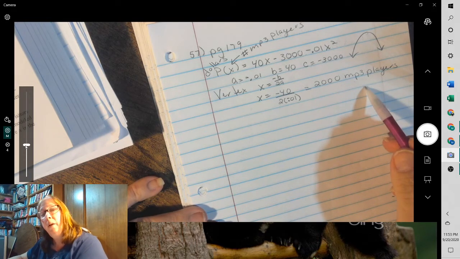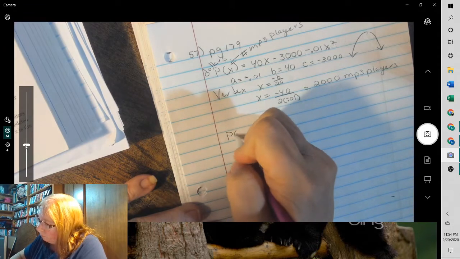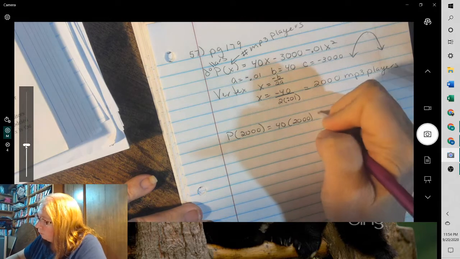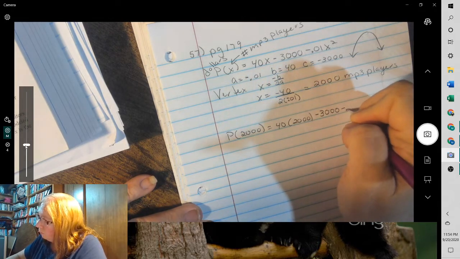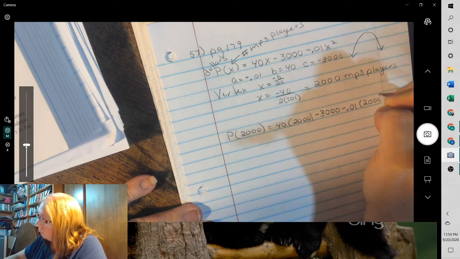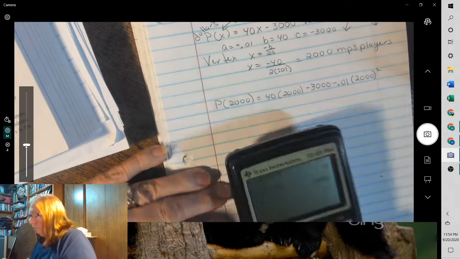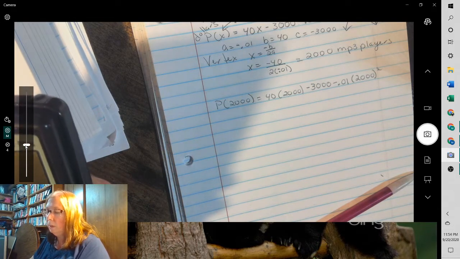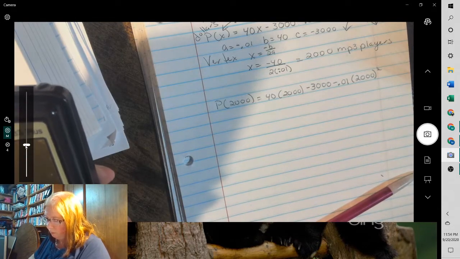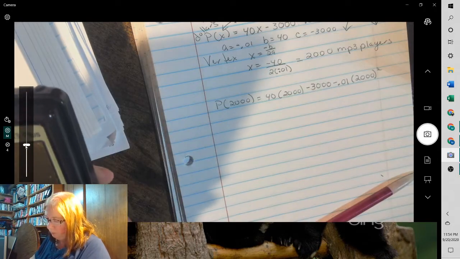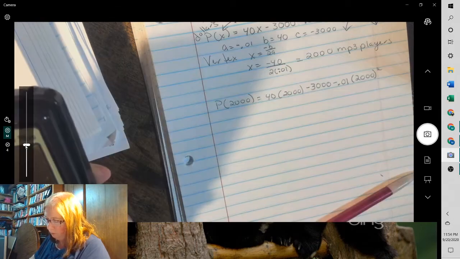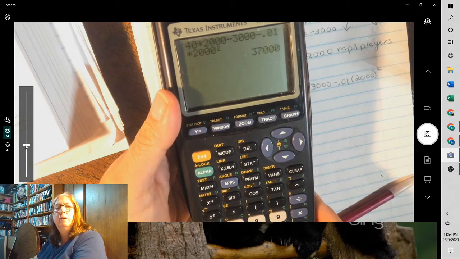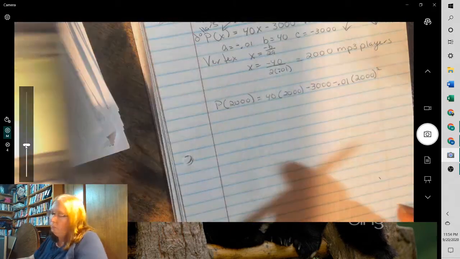To find that maximum profit, we have to plug it back in. Let me just plug it in. 40 times 2,000 minus 3,000 minus 0.01 times 2,000 squared. $37,000, and it said it was in dollars.